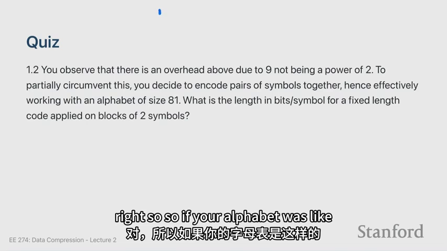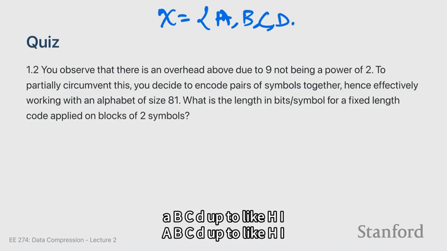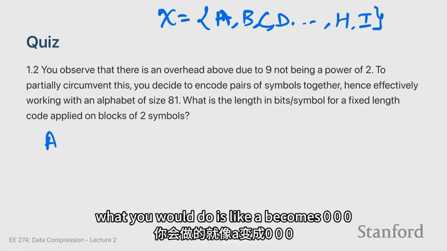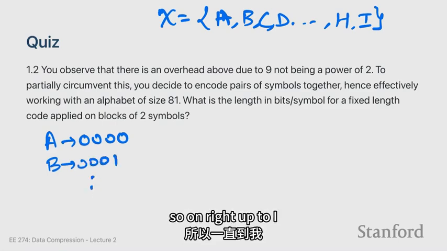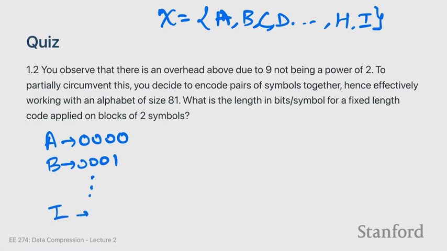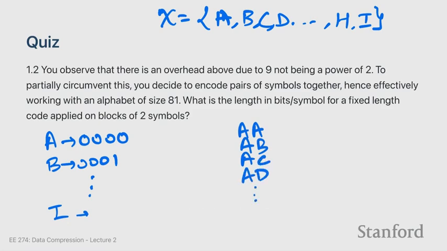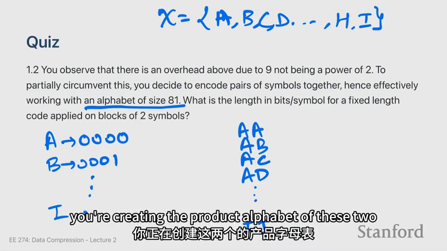So if your alphabet was A, B, C, D up to H, I, the original code would have A become 0000, B become 0001, and so on up to I. Now you will create a new code, which is AA, AB, AC, AD, and so on up to II. So effectively you are creating an alphabet of size 81, the product alphabet of these two.